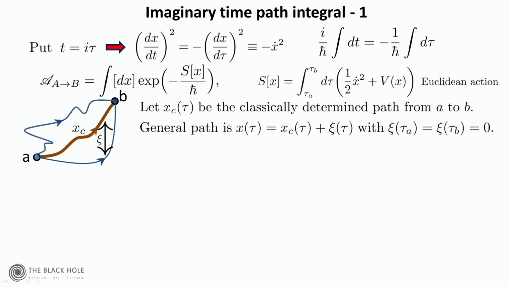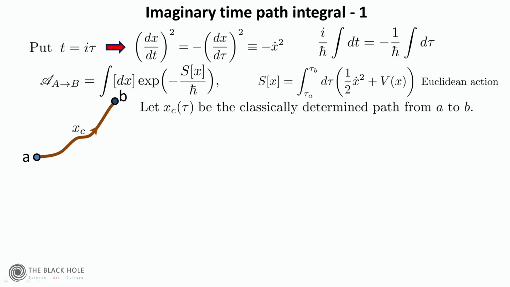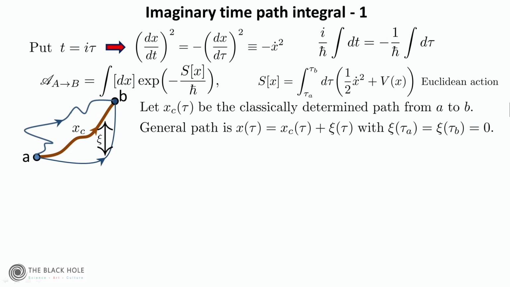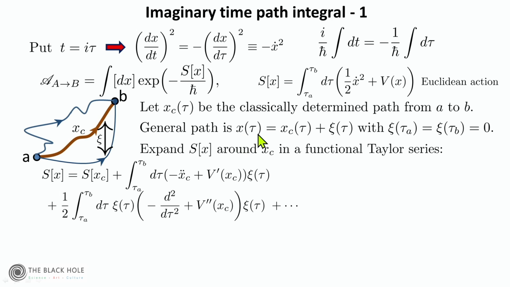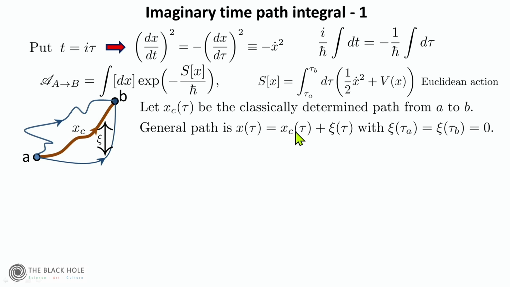Here is, after all, just the classical path, but the Feynman path integral says that we've got to integrate over all possible paths. And so here is this path, and here's this path, and there are an infinite number of paths between A and B. The general path we will call x equal to x classical plus xi.